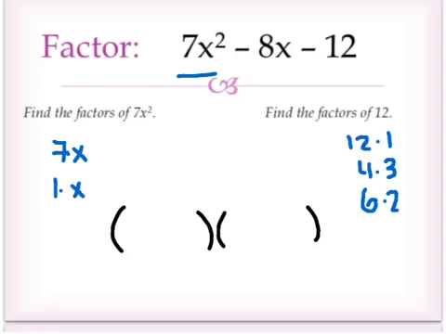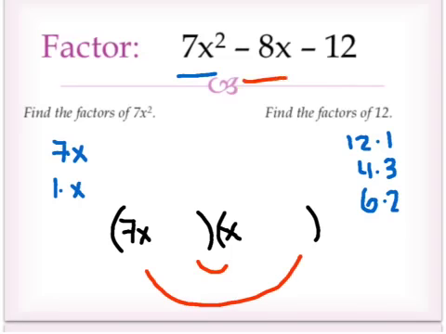Alright, I only have one place that the factors of 7x squared could go, so 7x and x. Now, this is where I have to check here. Okay, now remember, my inners plus my outers have to give me my middle term. So I'm looking, I want to do 7 times something, and then something times something to give me negative 8x.